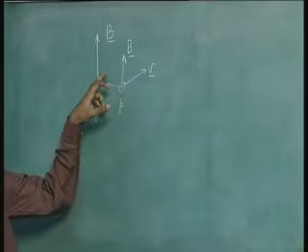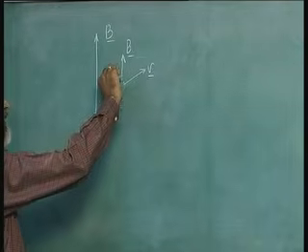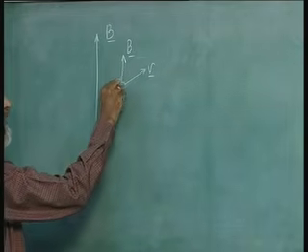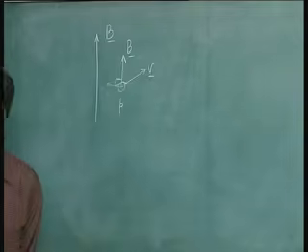It tries to go 90 degrees to B as well as 90 degrees to V.